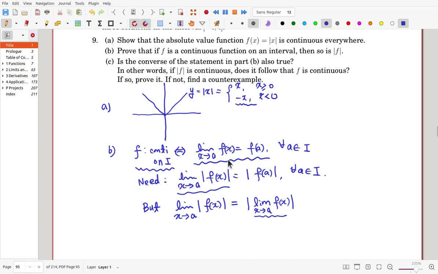So that is now the absolute value, and inside will be f of a. So we proved that. Of course, for every choice of a inside the interval, it is true. So the absolute value of f is continuous.